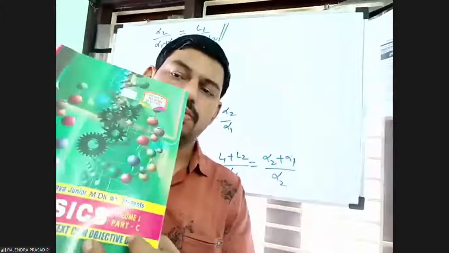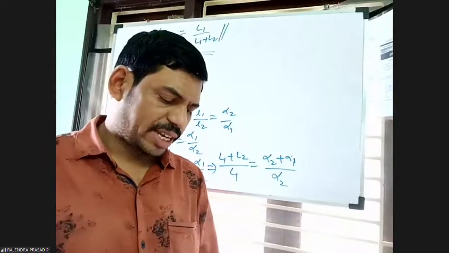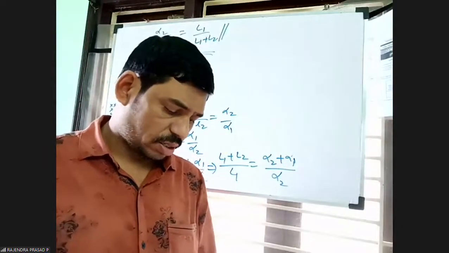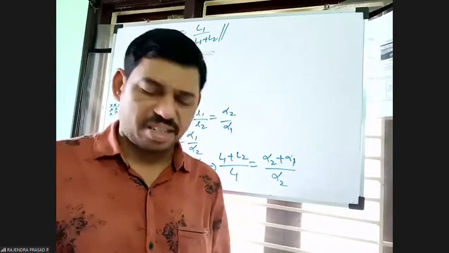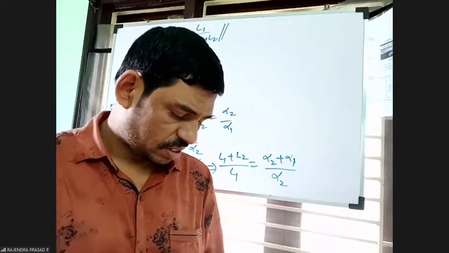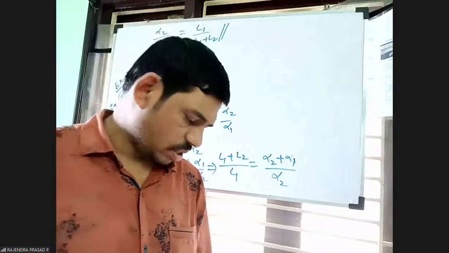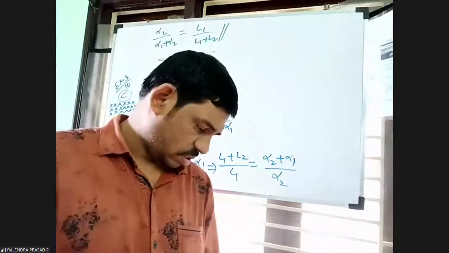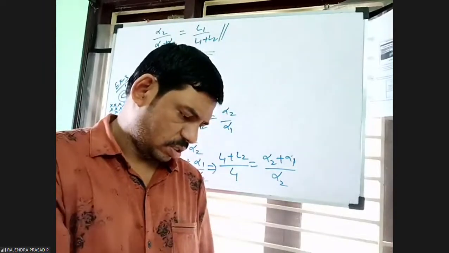Exercise 1, sir, 18th question. The graph between two temperature scales A and B is shown in figure 11.1.